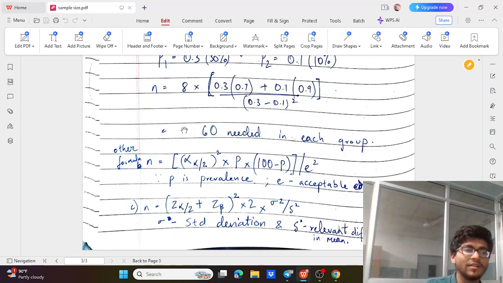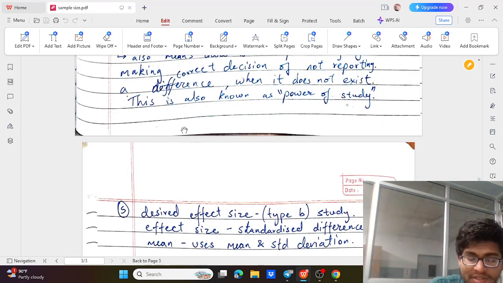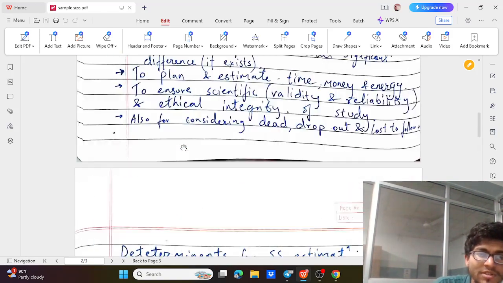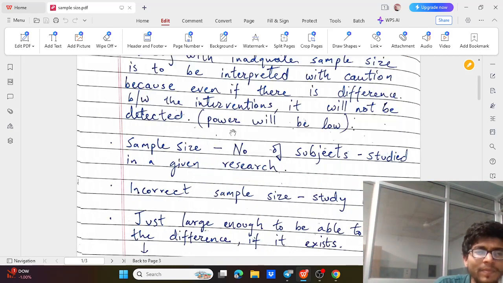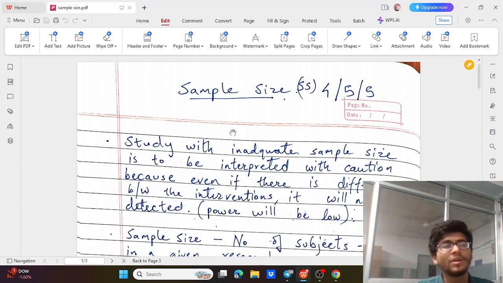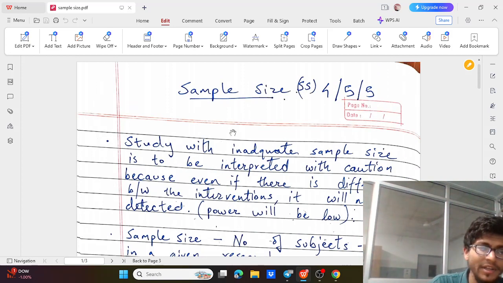So these are other formulas for finding the sample size. So this was all about sample size estimation and some basics of sample size and research. It will be helpful to understand it in simple words, hopefully, and will be helpful to get better understanding of doing research.